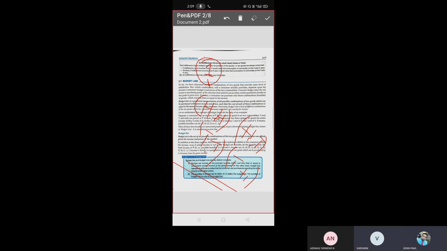When we toss a coin, there are possibilities to get both times heads, both times tails, one time head and one time tail, or one time tail and one time head. This is called probability, and this is called a set. The same thing comes under the budget set.